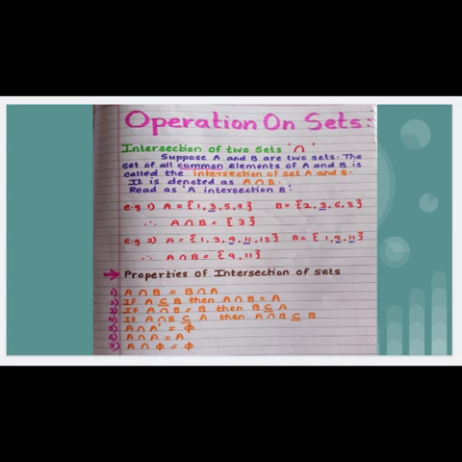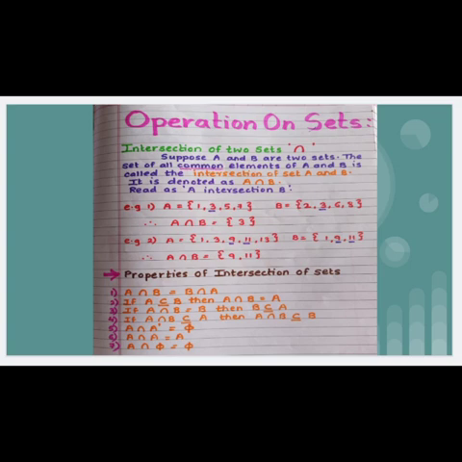So see which elements are common in sets A and B. Here the element 3 is common between both the sets. Hence, we get A intersection B is equal to {3}.